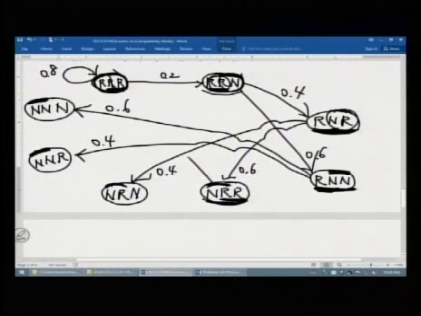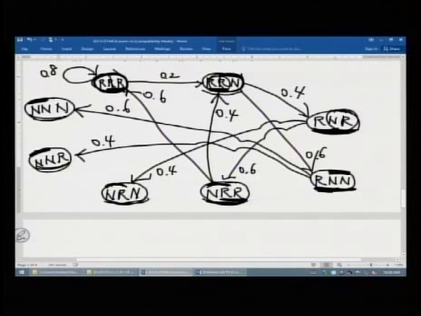So we're going to have these two transitions, right? So this is going to be 0.6 and 0.4. So you need to complete, taking consideration all the other threes, okay?